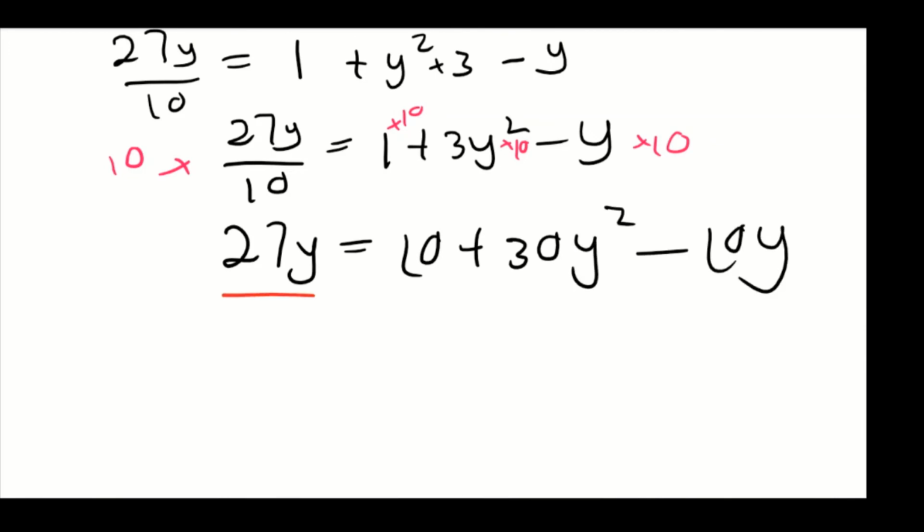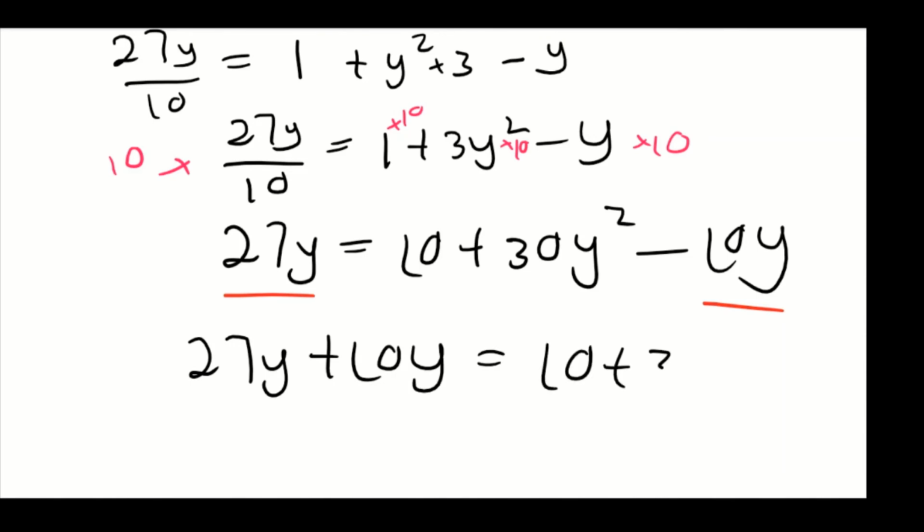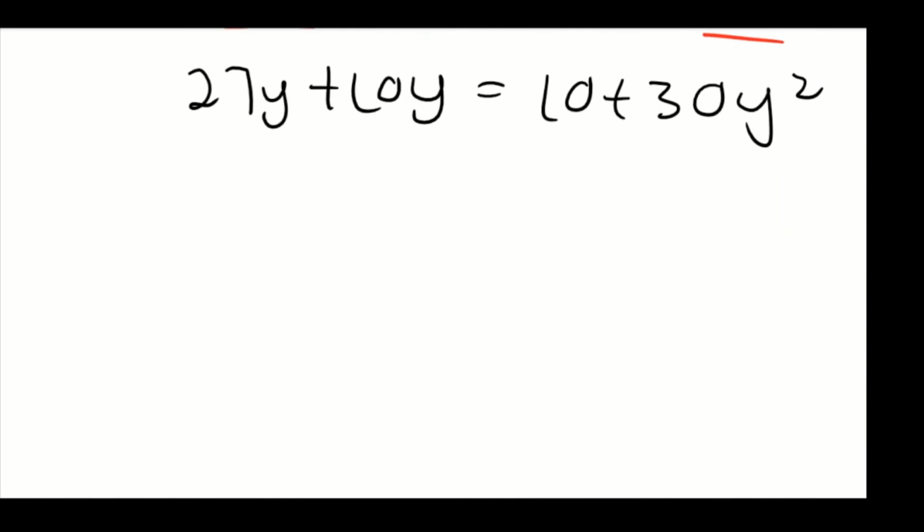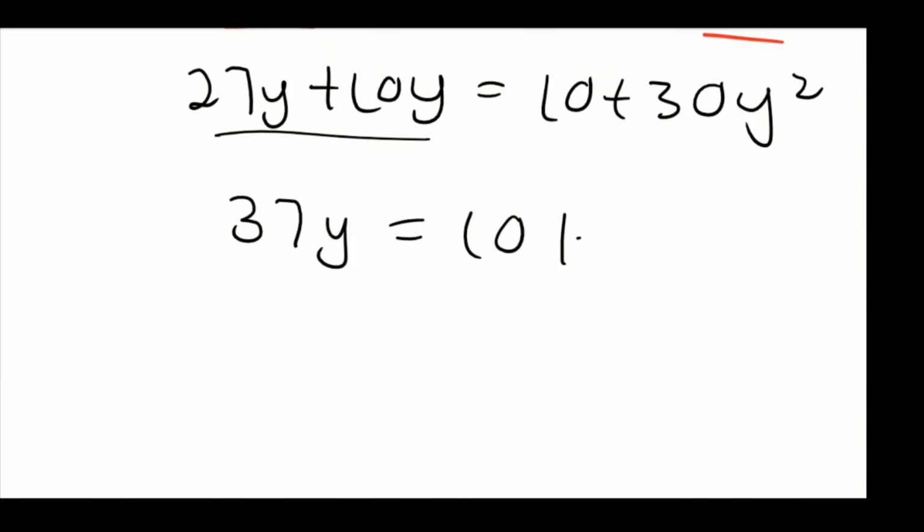So we're going to collect the like terms here. It's going to be 27y plus 10y equals 10 plus 30y squared. And then if you add these two here, you're going to get 37y equals 10 plus 30y squared.